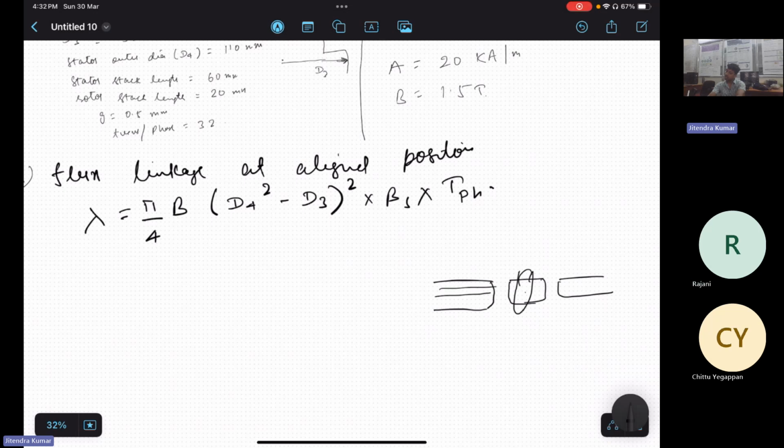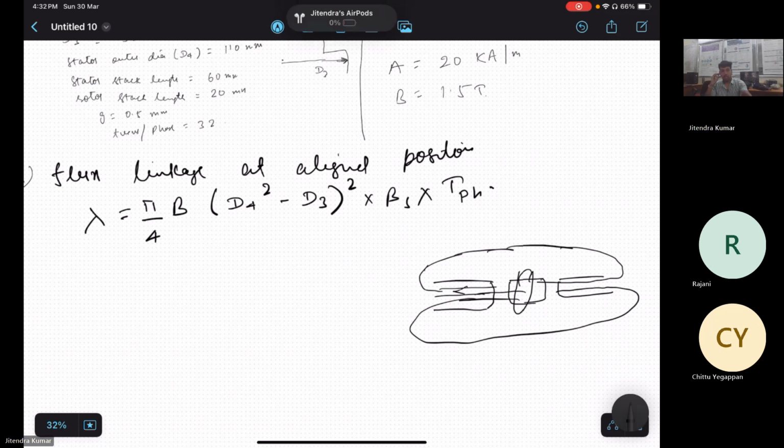So the flux will come out of this like this. This is how the double rotor single stator will be wound and how the flux will travel. D4 is the total diameter, and we are reducing D3 out of it.